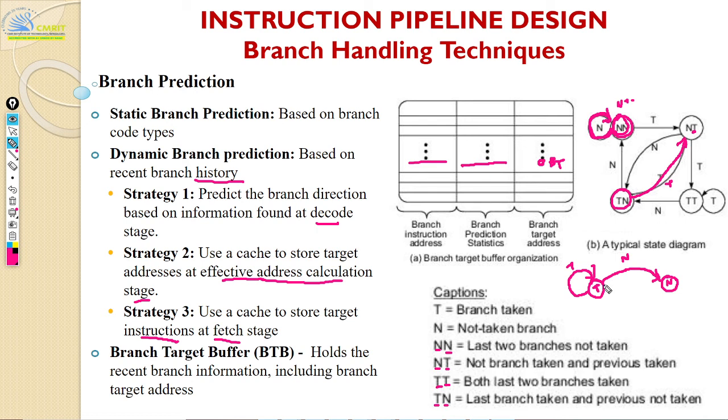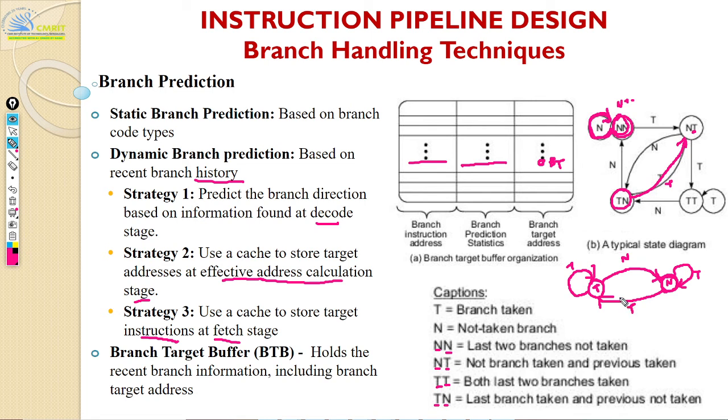If the current branch is not taken, I'm going to say that even the next branch will not be taken. If I'm in the not taken state and the branch is actually taken, then I'll change my mind: okay, the next branch may be taken. So this is with one time slot of history. If you have two time slots for history, it becomes a lot more complex. This is not the only state diagram; you can have other state diagrams too.